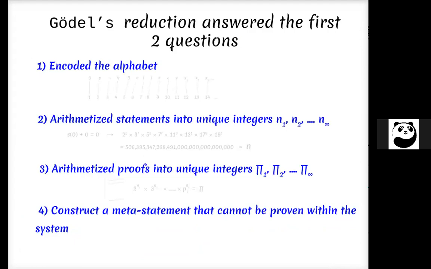So the reduction that we saw last time, the Gödel reduction, answered the first two of these questions, the question about completeness and the question about consistency. What we did last time, we said we will start with an encoded alphabet.